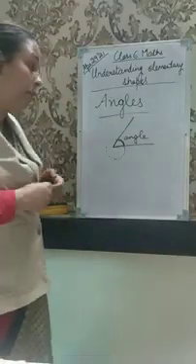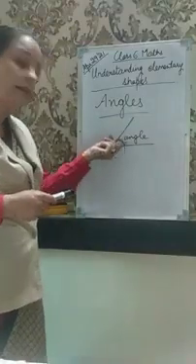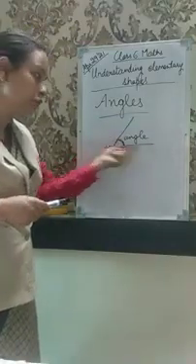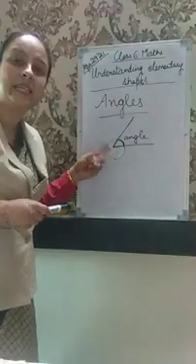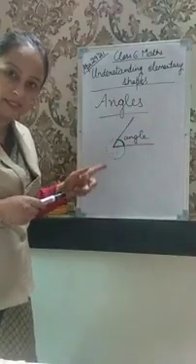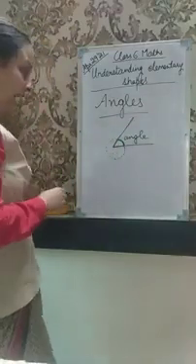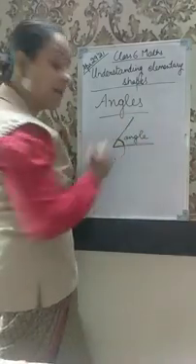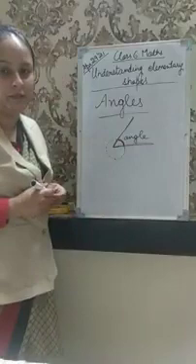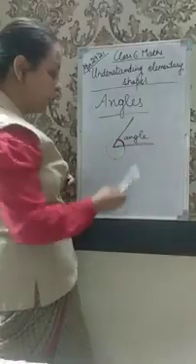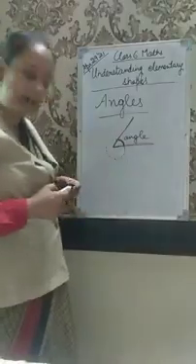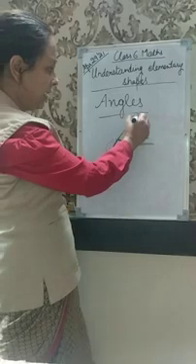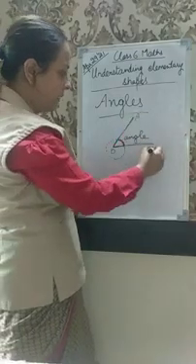It is the portion which is enclosed when two lines are meeting at only one point. Understand? And you know what these lines are called? These lines are called the arms of the angle. Let's say AOB.